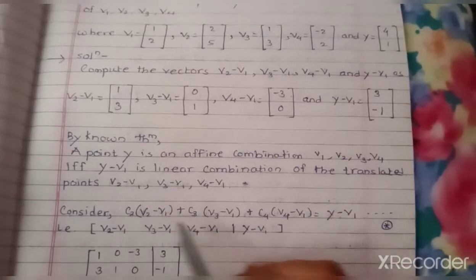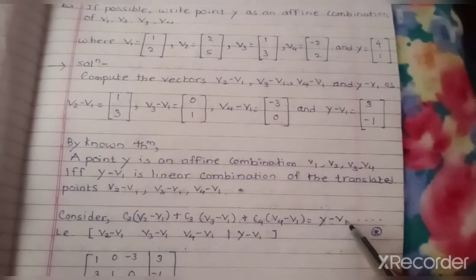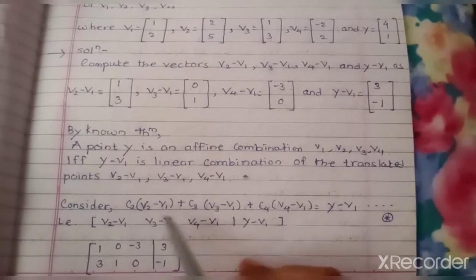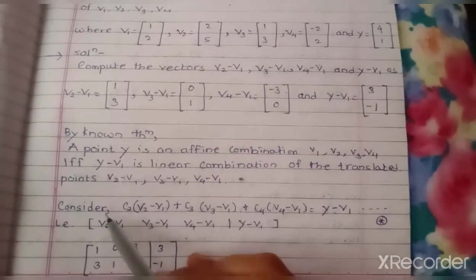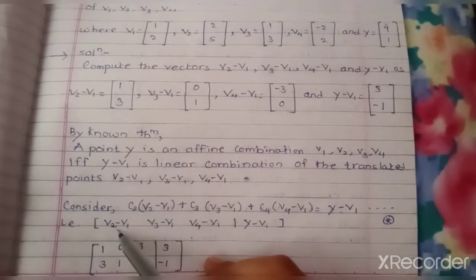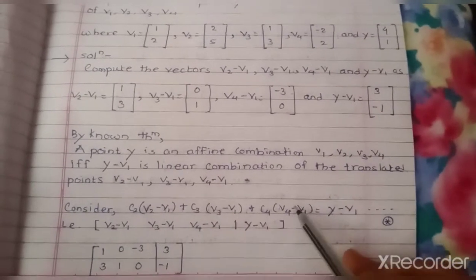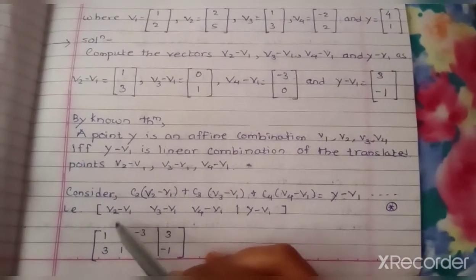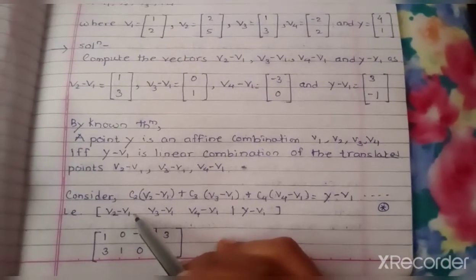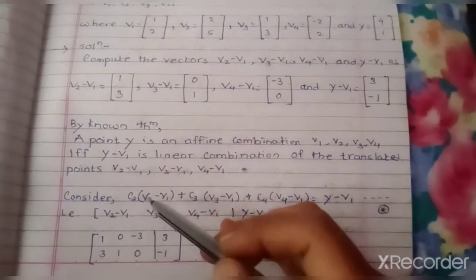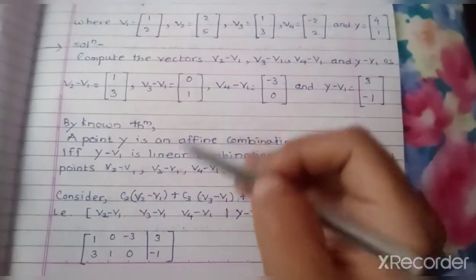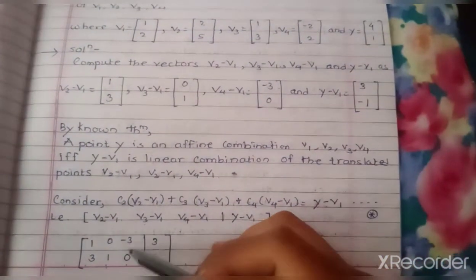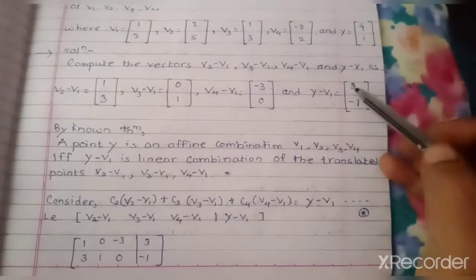If no such scalars exist, then y minus v1 is not a linear combination of these vectors. So for finding those values, we consider the augmented matrix which contains v2 minus v1, v3 minus v1, v4 minus v1, y minus v1. As per this, the first column, v2 minus v1, is 1, 3; v3 minus v1 is 0, 1; v4 minus v1 is minus 3, 0; and y minus v1 is 3, minus 1.